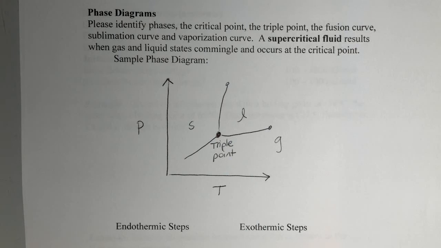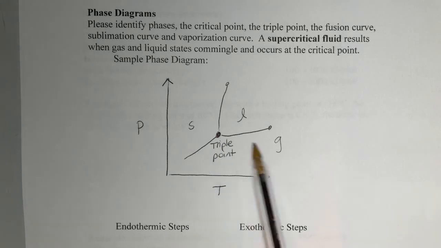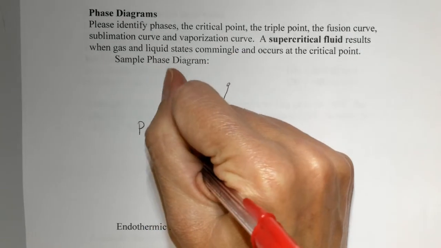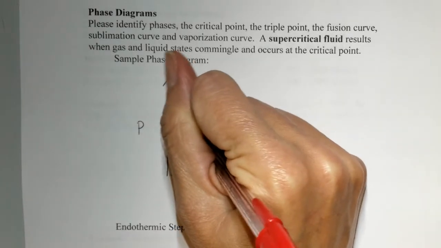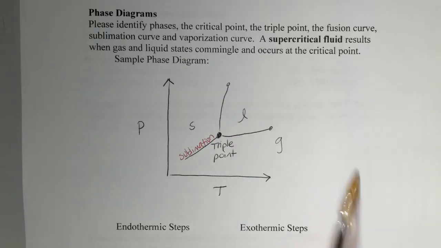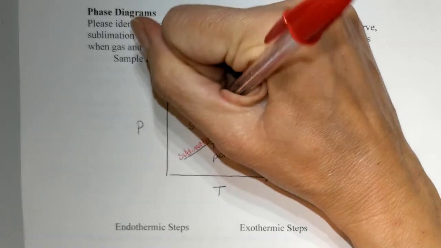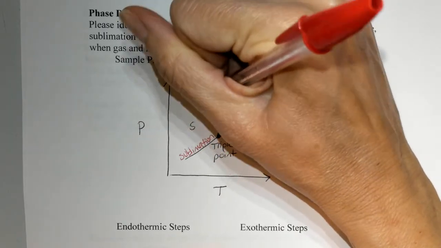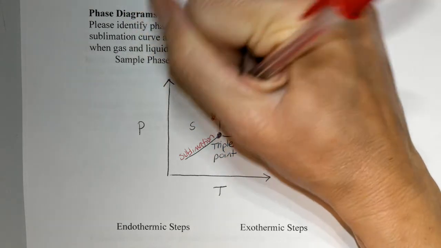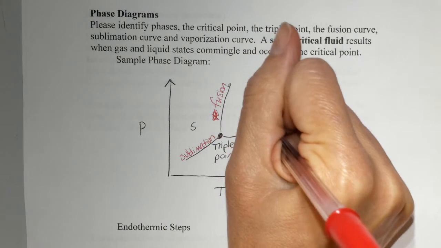All right. When I look at the phase changes that are occurring, right here, we're transitioning from a solid to a gas, right? That was called sublimation. For this one, going from a solid to a liquid, vaporization, or sorry, fusion, melting. And then liquid to a gas over here, that would be vaporization.